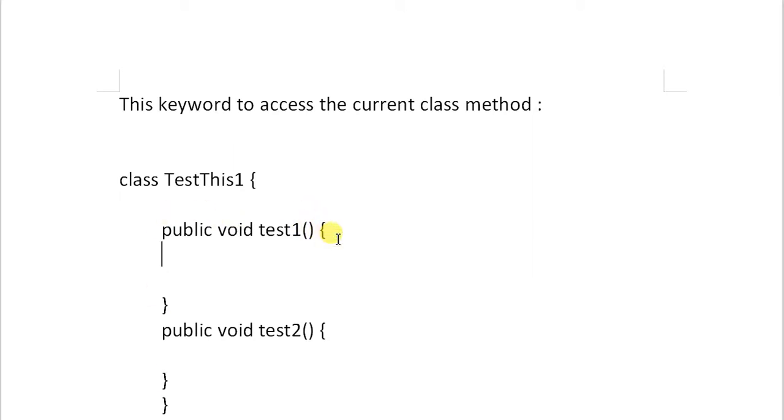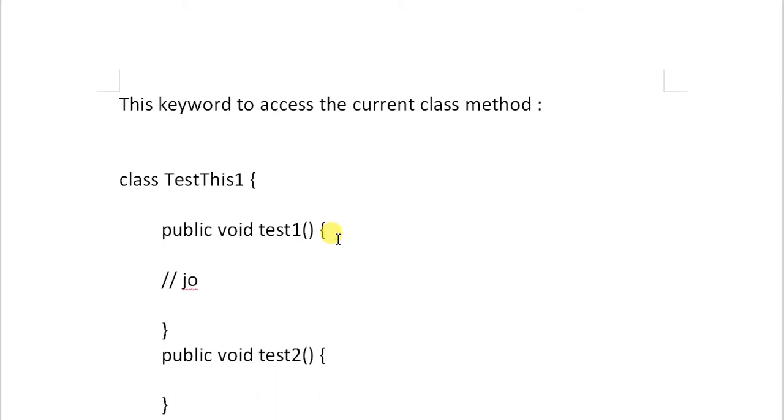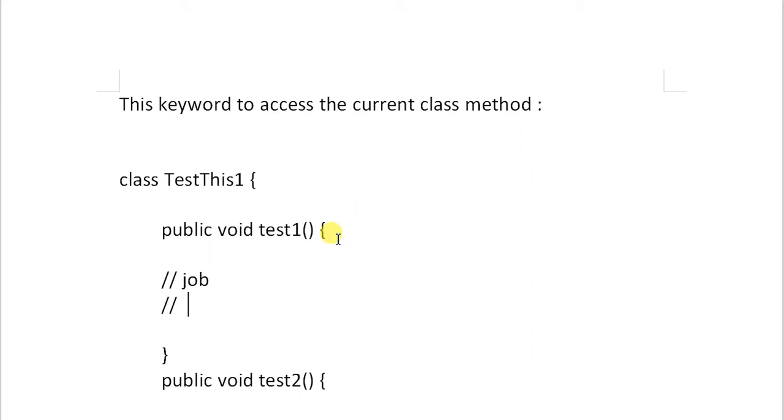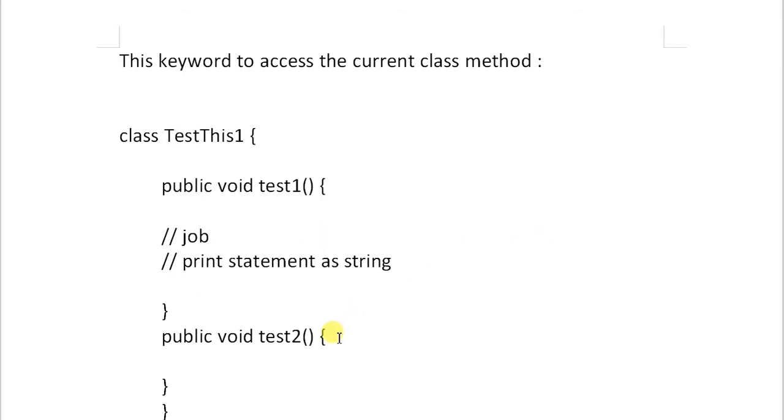Now for the test1 method, the job of the test1 method must be defined over here. Let us give some SOP print statement as string values, and the job of the test2 method we can give over here, again some print statement with string values, and along with that we can call a method within another method.